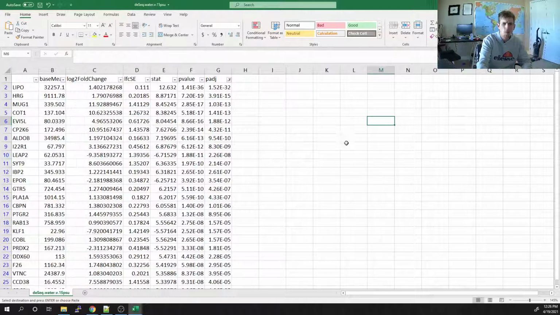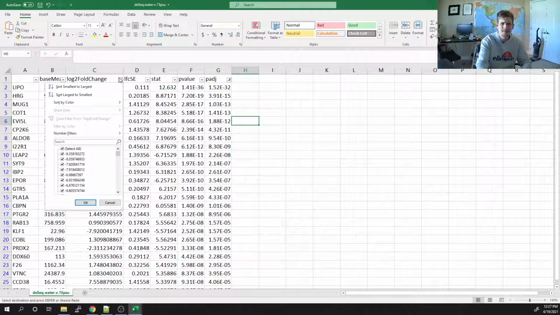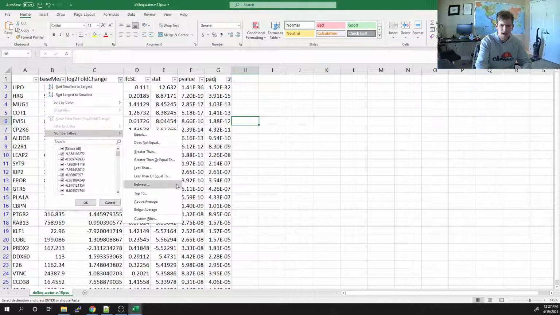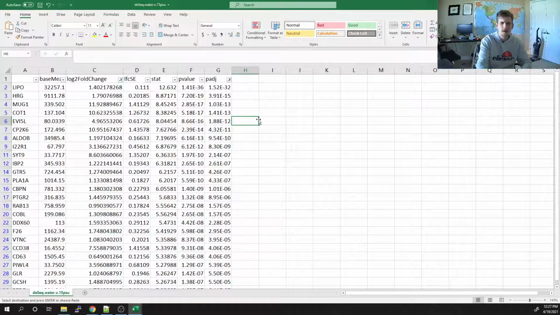All right, so the log fold change. We can manipulate this category as well. If this number is positive, the expression is lower in saltwater turtles. So if I do a number filter and greater than 0, these are going to be the genes that are lower expressed in salt water. So they will be down regulated.